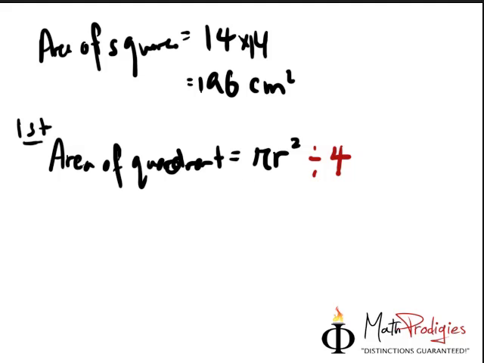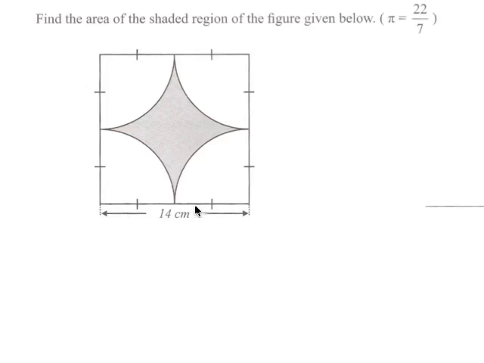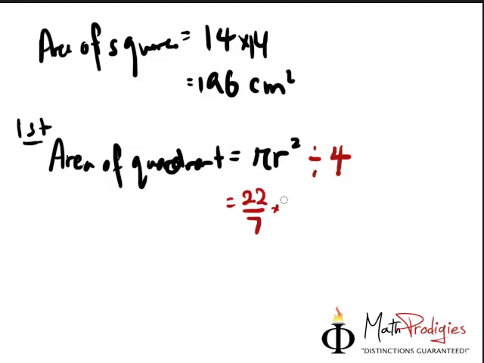So in this case, they ask you to take pi as what? Let's take a look. 22 over 7. So pi equals 22 over 7. Your r squared, in other words, r times r. Your radius is 14 divided by 2, which gives you 7. Therefore, 7 times 7, and then the whole thing divided by 4.